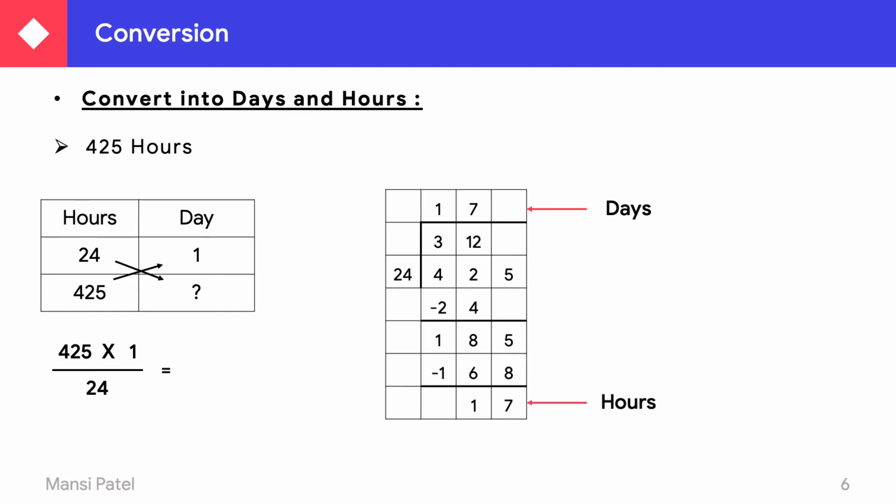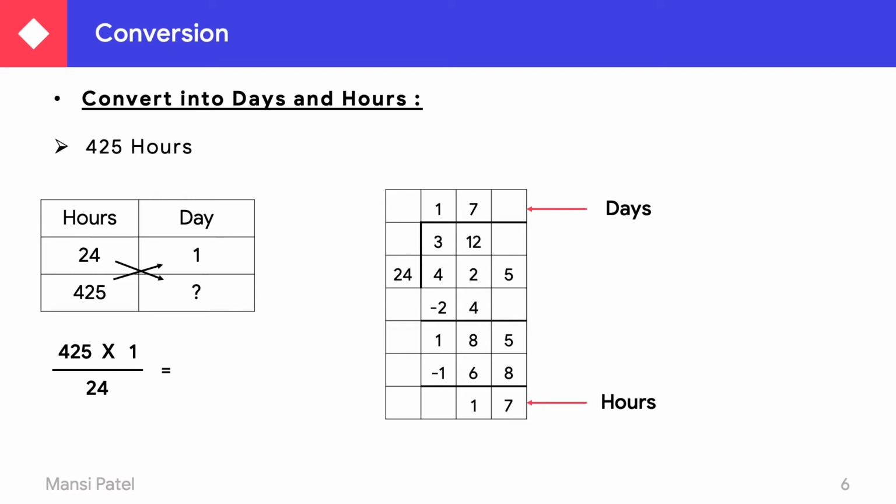It is not necessary when you are converting any small units into big units or big units into small units that your remainder is 0. It is not necessary. If you are getting some remainder, then it is in your smaller unit.